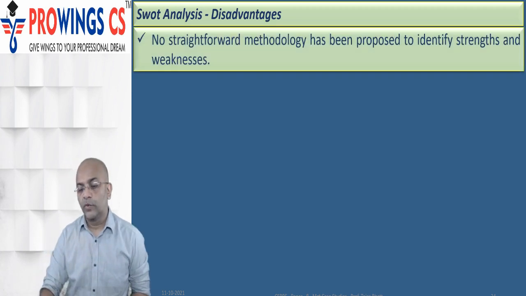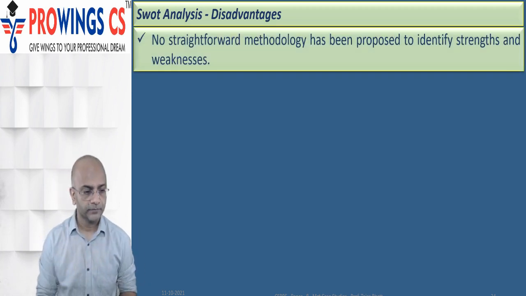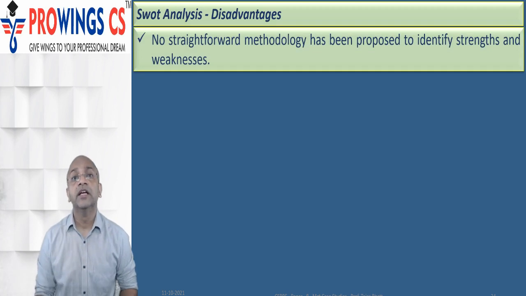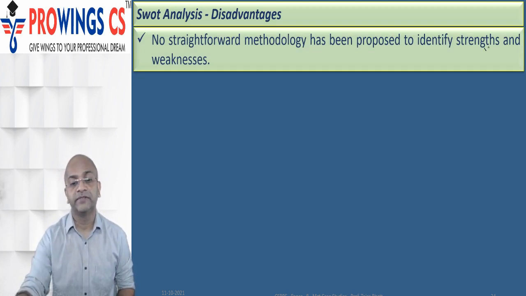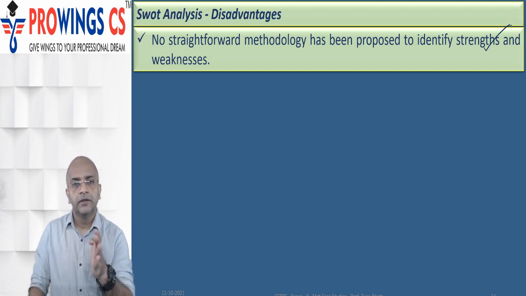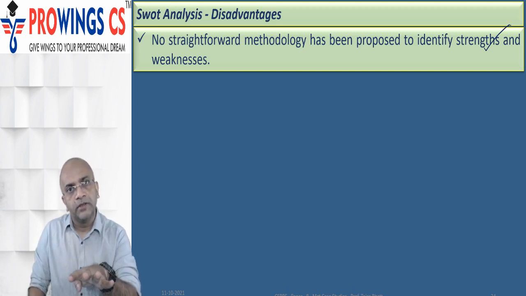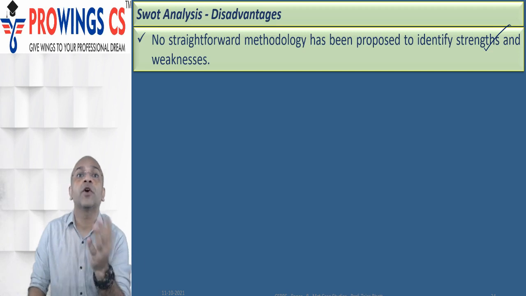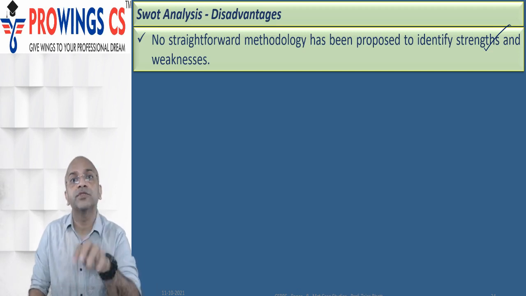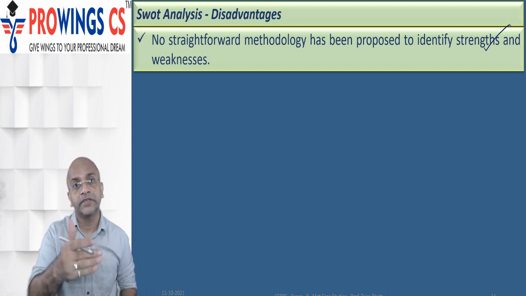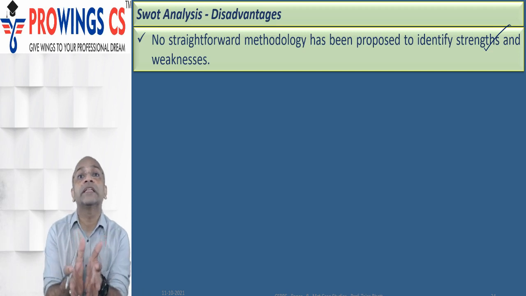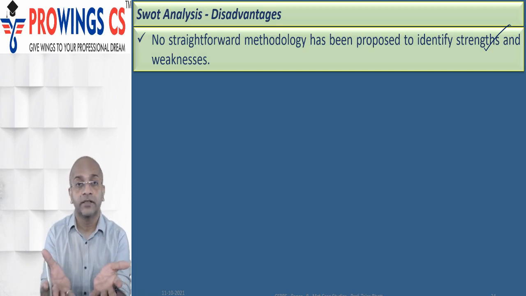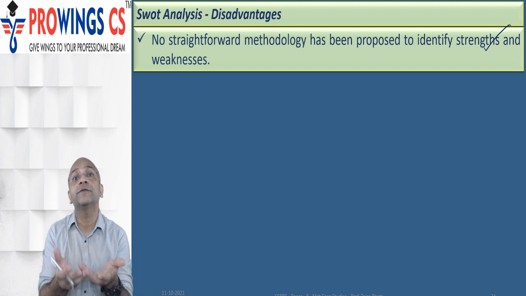There are some disadvantages, and these disadvantages are: no straightforward methodology has been proposed to identify strengths and weaknesses. See, different people applying the SWOT methodology to the same situation, believe me, their way of understanding strengths, weaknesses, opportunities, and threats will be totally separate, different, unique, and that creates a kind of problem.